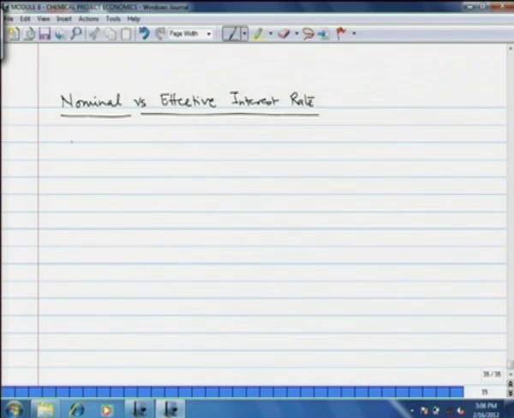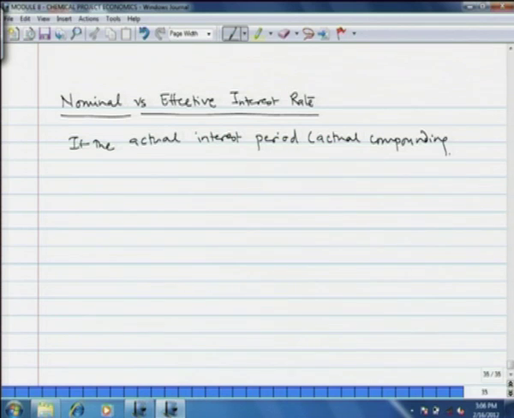Okay. So, that point we note here. The actual interest period or actual compounding period is not 1 year. Interest rate is expressed on an annual basis.